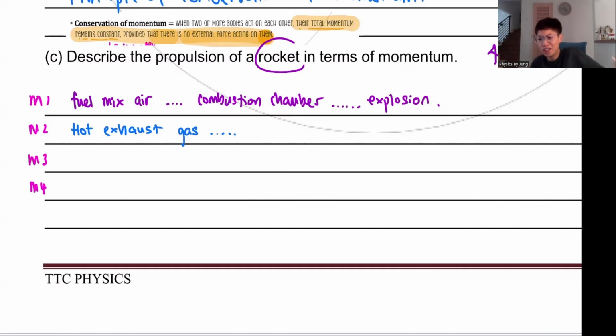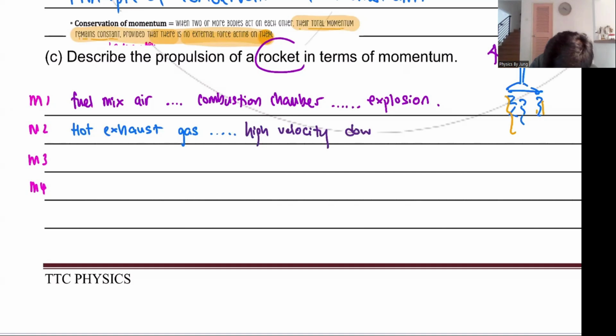Yes, because your rocket. Correct. So at the end, what about the hot exhaust gas? It is being released at a high velocity to produce downward momentum.